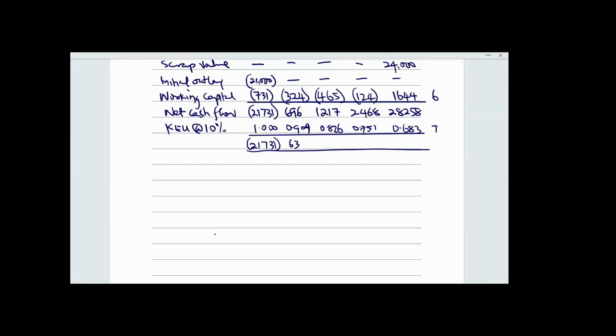Here is 633. Next one, 1049. 1853. Here 4, 19,300. So add everything together and then minus 21,731.